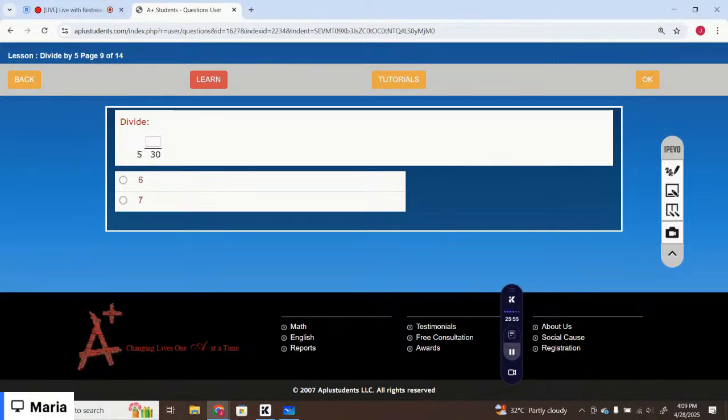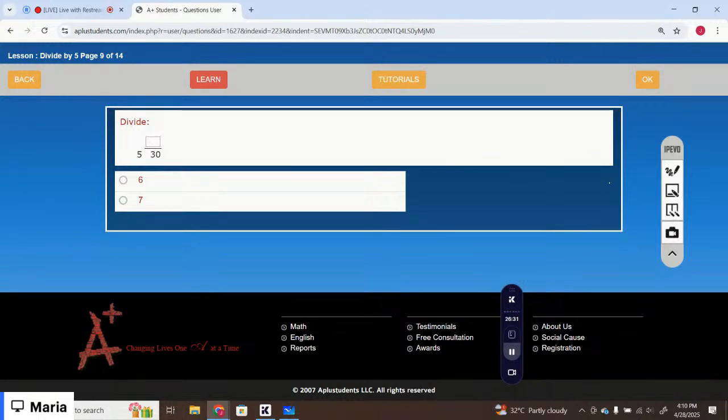30 divided by 5, which is the correct option? 5 times 6 is 30. The correct option is option number 1.